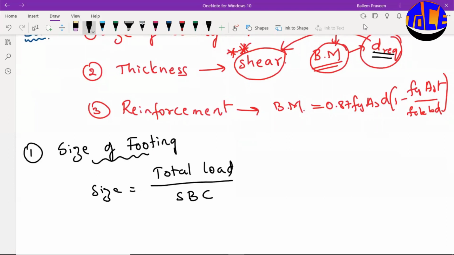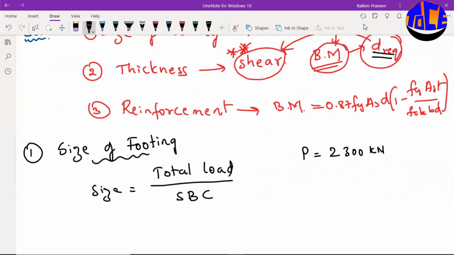Here, the total load: the load he has given is 2300 kilonewtons. For this load we have to add the load of footing self weight as well as the backfill.